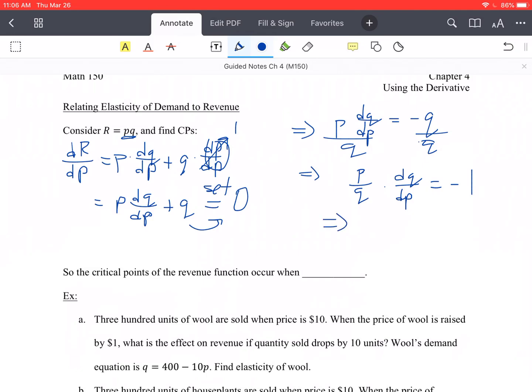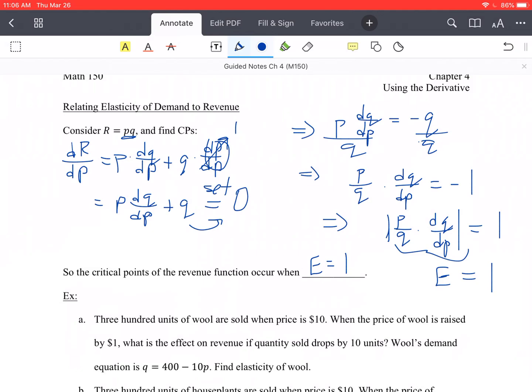Now if I take the absolute value of both sides, I get absolute value of p over q times dq/dp equals the absolute value of negative 1, which is 1. So what do we have here on the left-hand side? Well, this is E. And then the right-hand side we have 1. So it turns out the critical points of the revenue function occur when elasticity is equal to 1. So the critical points of revenue occur when E is equal to 1.